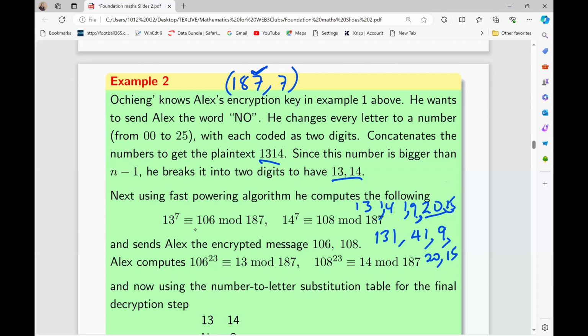Then after breaking that, you go to where the public key is, and encrypt each of these blocks. Encrypt the first one.